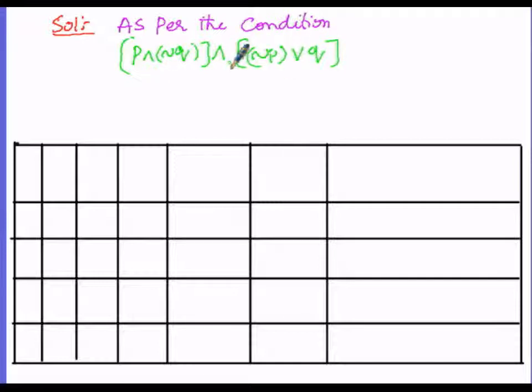They are connected by means of a connective, that is and. Therefore this complete statement is called a compound statement. We have to prove this compound statement as a contradiction.